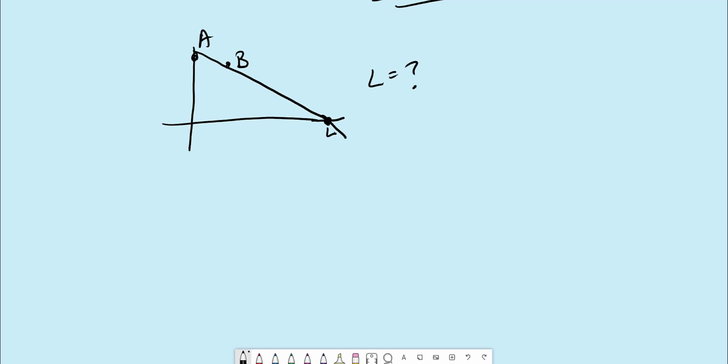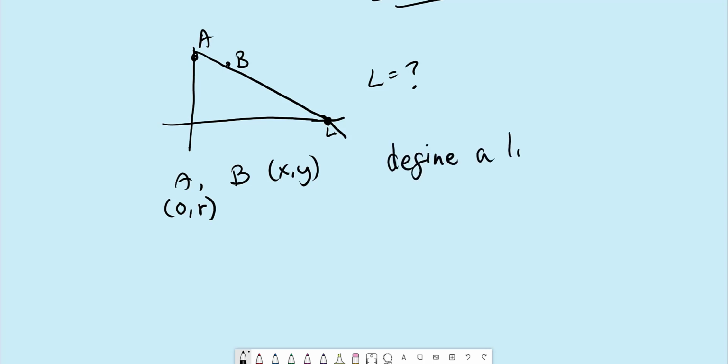In this case, we have our point A, we have our point B. We put a line through them and continue it to its intersection, and we're interested in finding L. Using A and B, which we found out, B is (x, y), and we found out what x and y are, and A is just (0, r), we can use these two points to define a line. How do we do that?